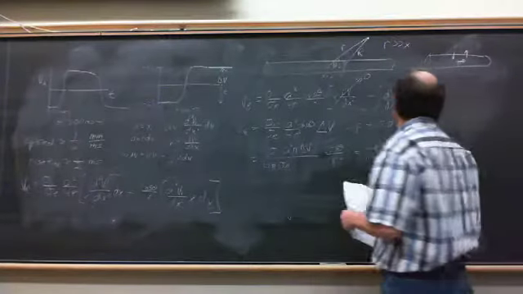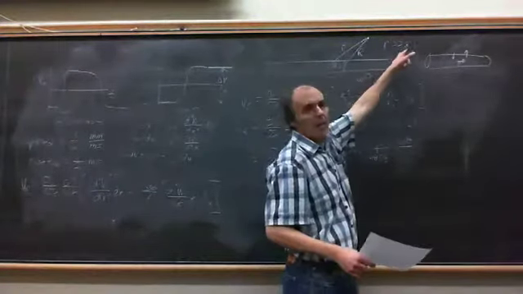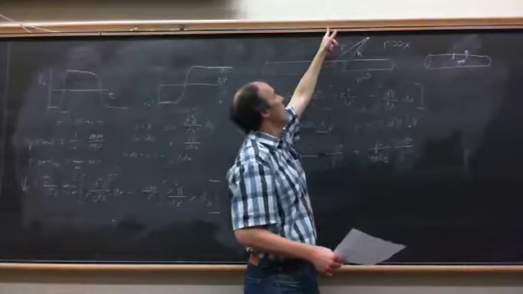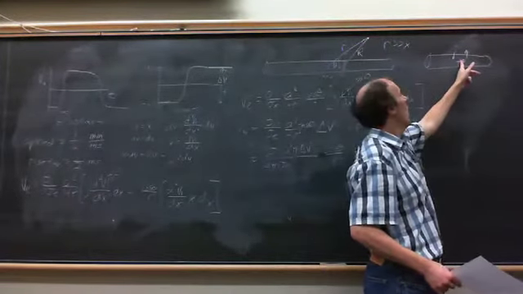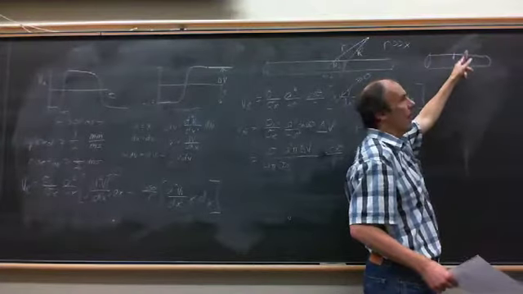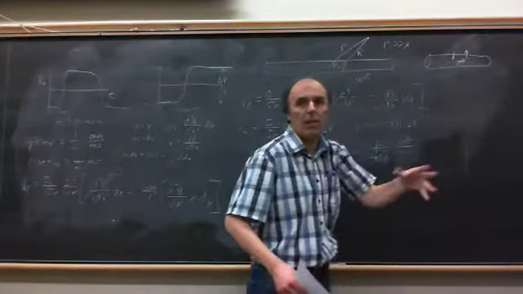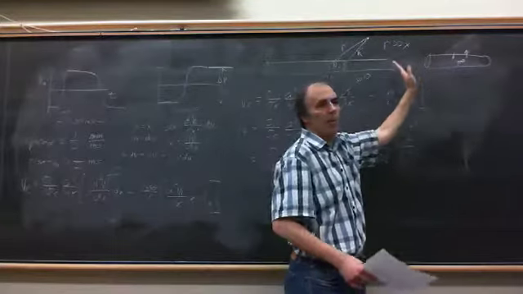Cosine theta just says the potential is going to be big out here, but if you come straight up along this axis, theta is 90 degrees, so cosine is 0. That's because the positive and negative sources are exactly the same distance away. You get 0. And then you get a minus sign back over here.